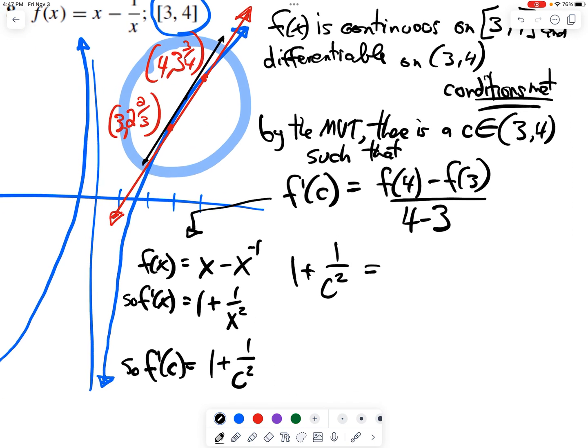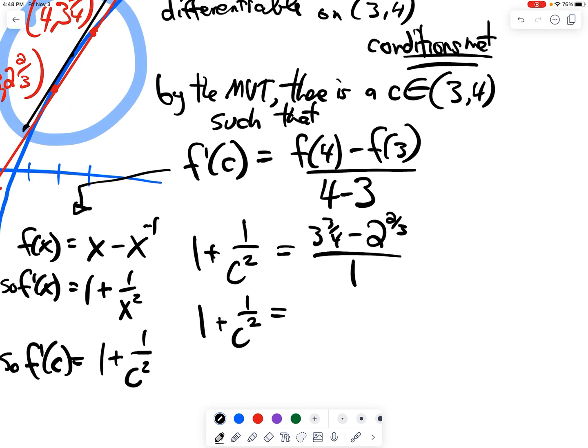Oh man, back to those funky fractions. That's 3 3/4 minus 2 2/3 all over 1. That means 1 plus 1 over C squared equals 3 3/4 minus 2 2/3, which is the same as, let's see, I'm going to move over here and work that.